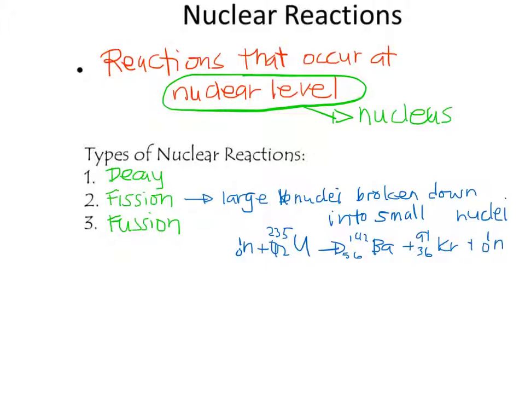This is an example, and this is the type of energy that is produced in nuclear reactors today. This is a process called fission.